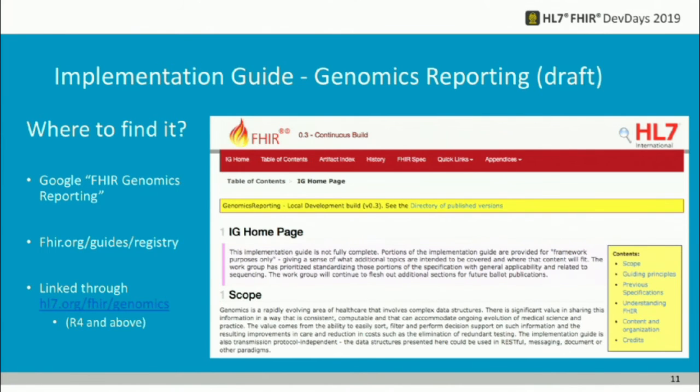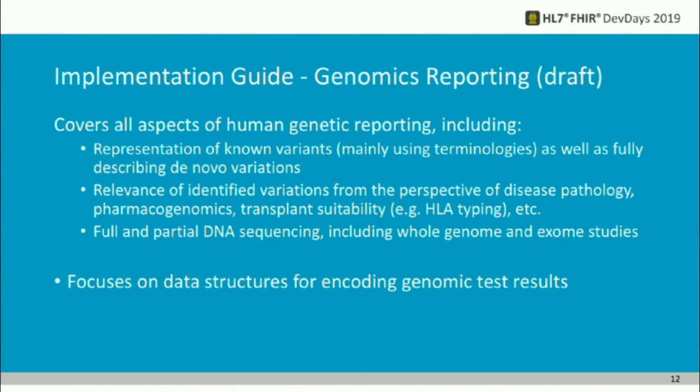Great. So we'll go a little bit more in detail there. The mission statement of the guide, which is not only slightly ambitious, is to cover all aspects of human genetic reporting. We've left actually a lot of room for more rigid guidance in several use cases, as you'll see.